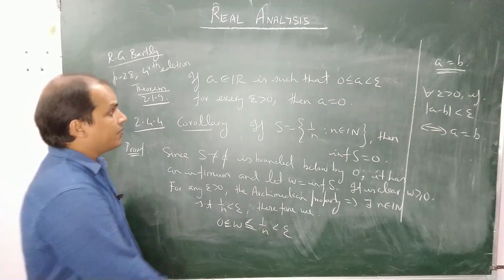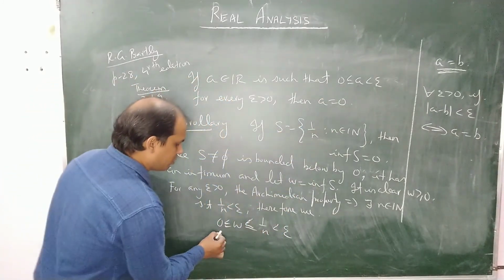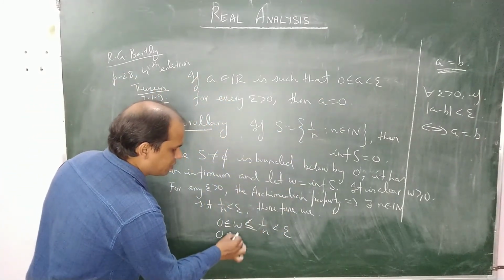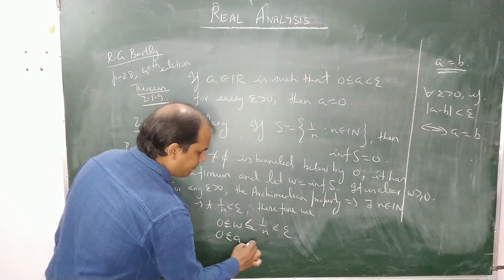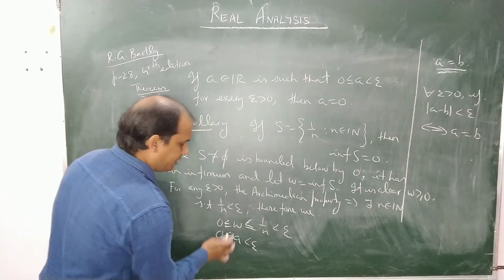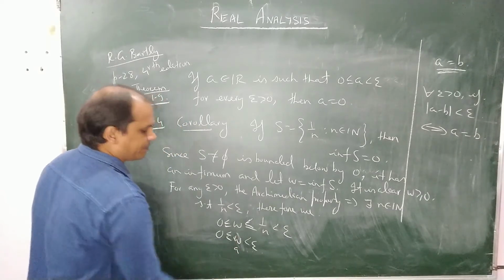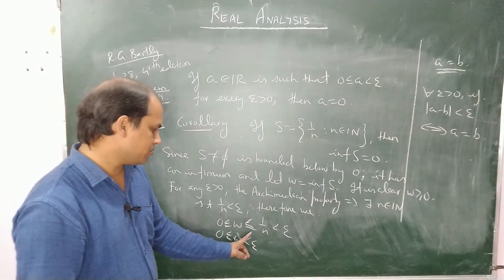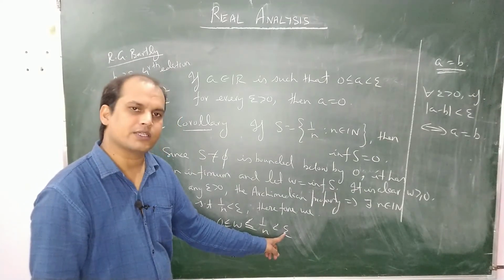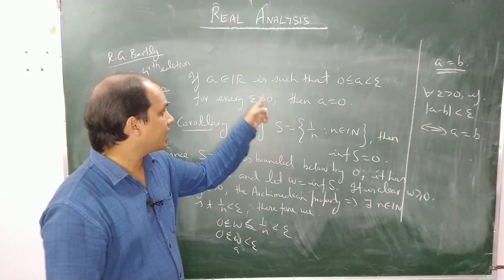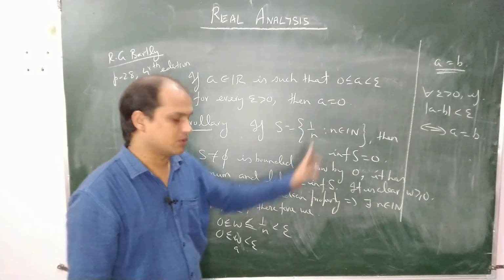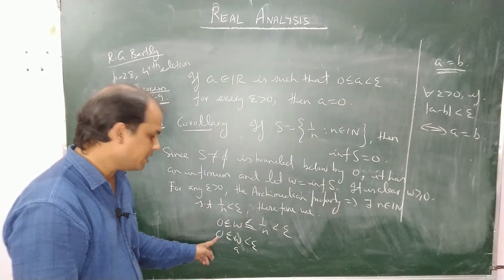So just compare it with this one. This is your 0. Assume that this one is your A, and A is less than epsilon. A is say W. Whenever this holds for every epsilon greater than 0, then using this one can argue that A has to be 0. So from here W has to be 0.